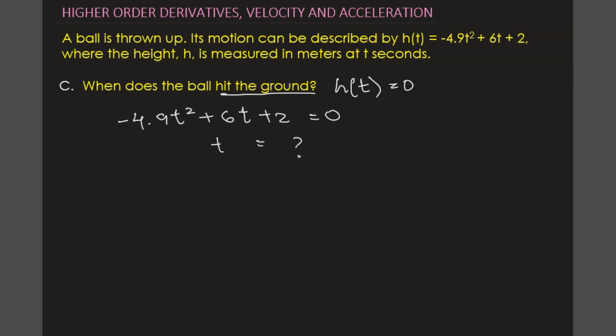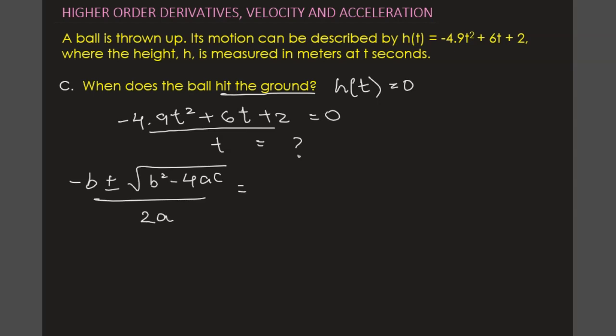To solve for t, we have either the factoring method or the formula method because this is a quadratic equation. Since factoring is not possible, we will use the quadratic formula, which is negative b plus or minus root of b squared minus 4ac over 2a.